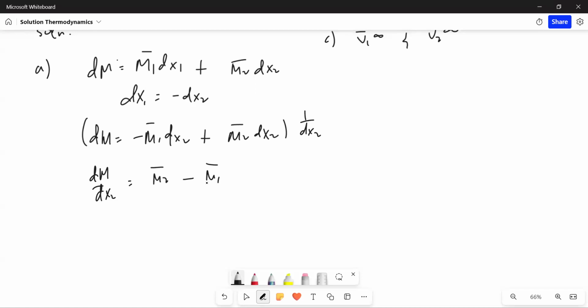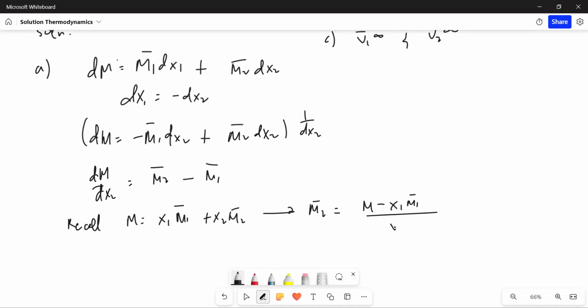Next, recall that by the summability equation, M is x1 M1 bar plus x2 M2 bar, which means if we isolate M2 bar on one side of the equation, it gives us (M minus x1 M1 bar) over x2.